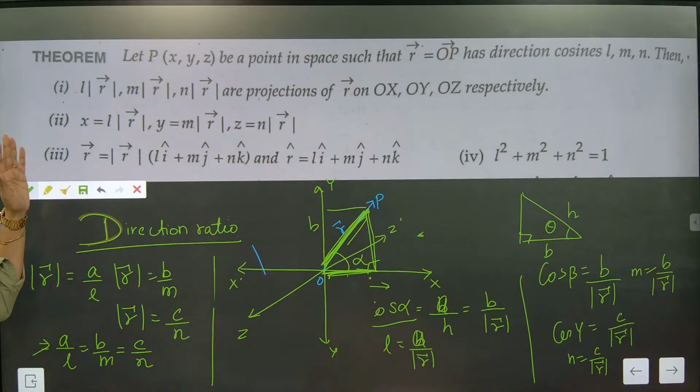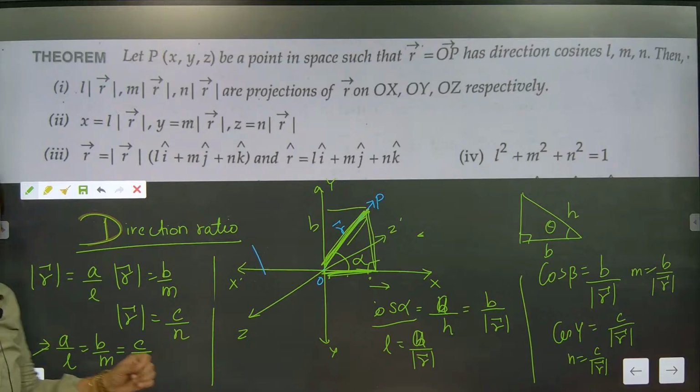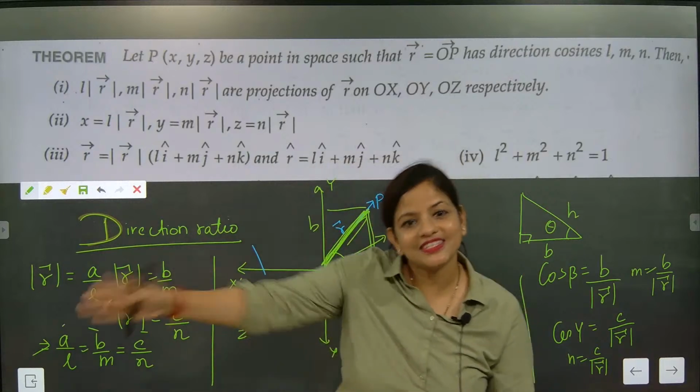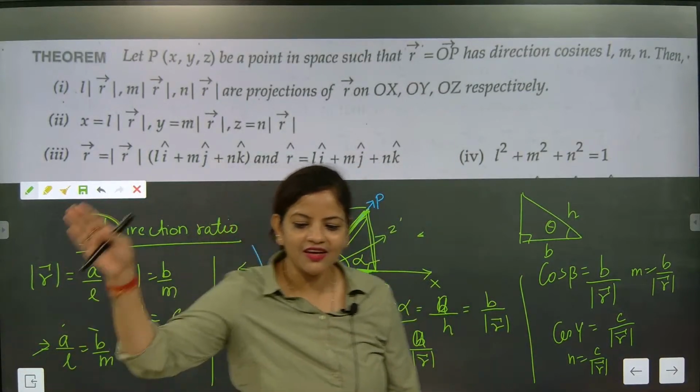I rest my case. What was your unit vector? I rest my case because this is the biggest thing we have derived. A, B, C are direction ratios. L, M, N are direction cosines. So along the x-axis, A, B, C are direction ratios.